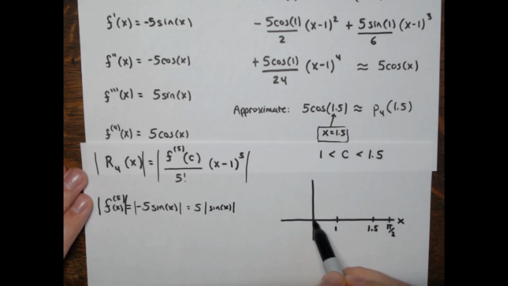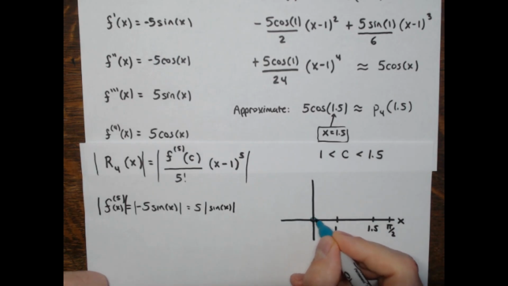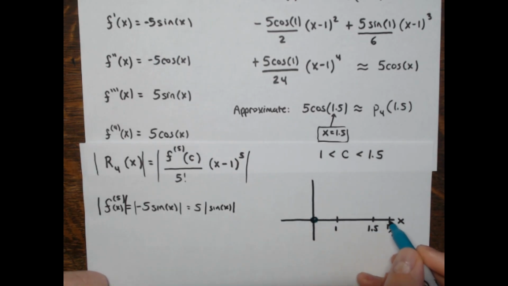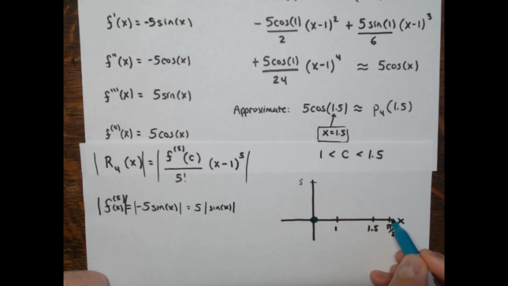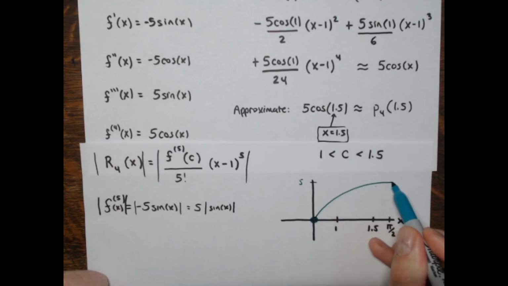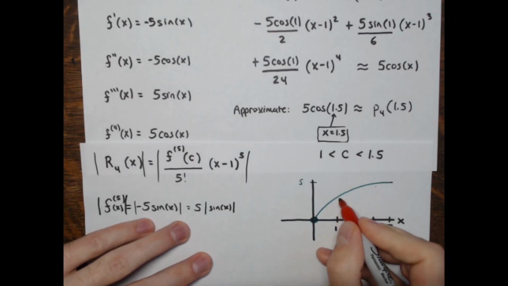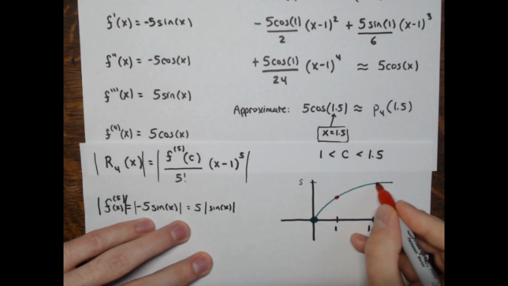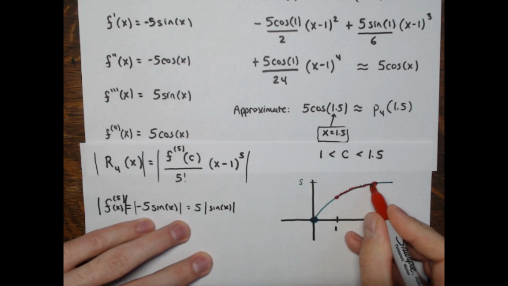So the graph of the absolute value of the fifth derivative starts off at 0, and at pi over 2 it goes up to 5, but it's not getting all that way up. From 0 to pi over 2, we're only concerned with between 1 radian and 1.5 radians, only this part of the graph here.